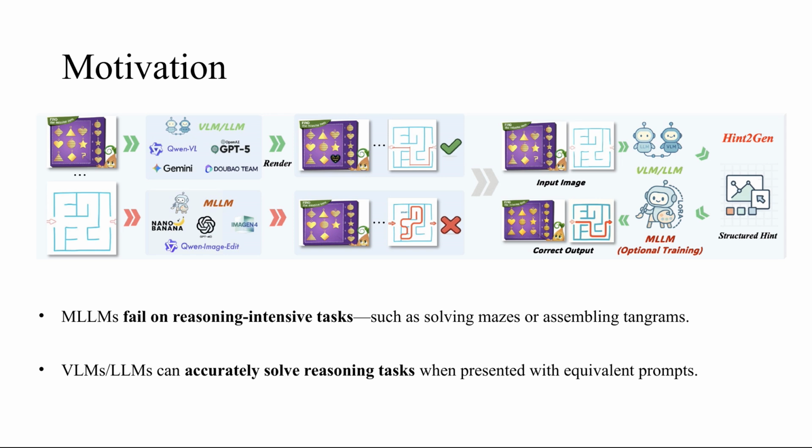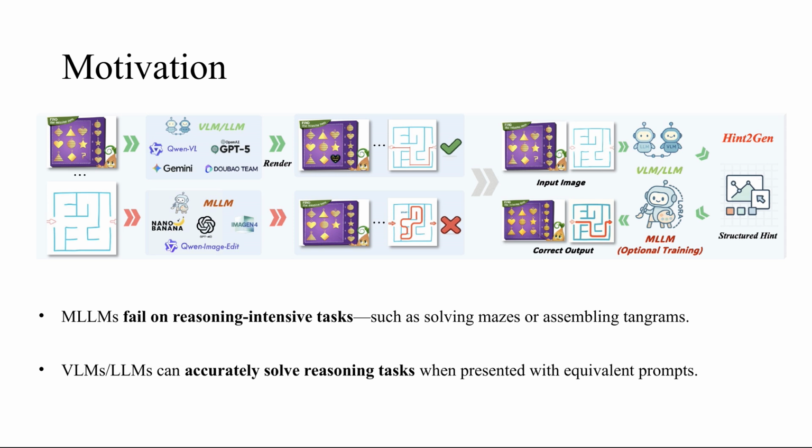We've identified a fundamental capability gap. On the left, existing MLLMs like Qwen Image Edit fail on tasks requiring spatial logic, such as maze navigation, generating paths that visually look okay but are logically broken. On the right, pure understanding models like GPT-5 excel at solving these problems symbolically.